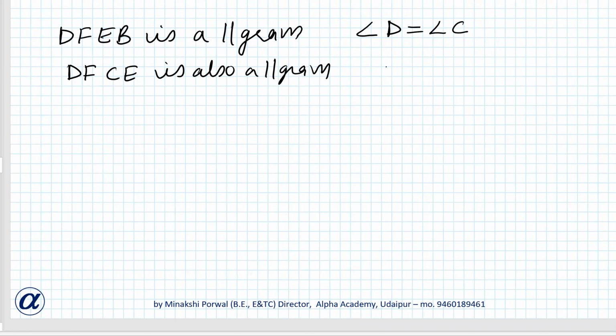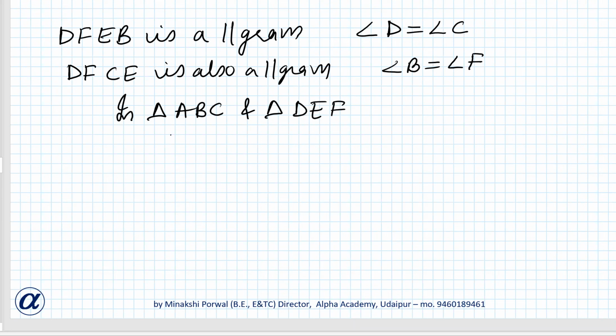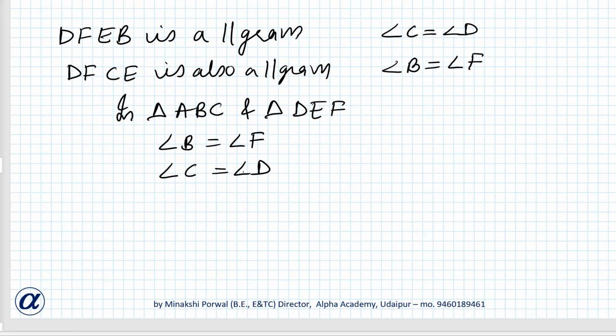Okay, so angle B equals angle F. So now in triangle ABC and triangle DEF, angle B equals angle F, angle C equals angle D. Okay, so we can write triangle ABC is similar to triangle DEF.